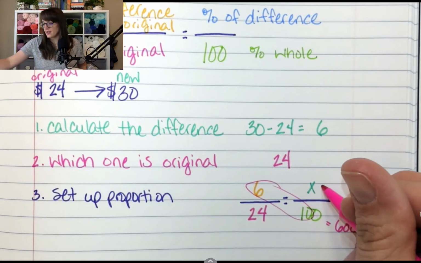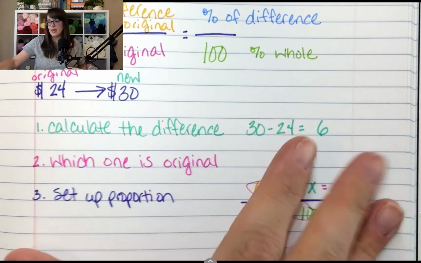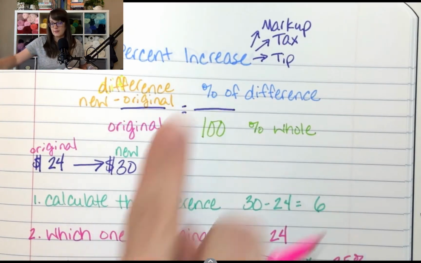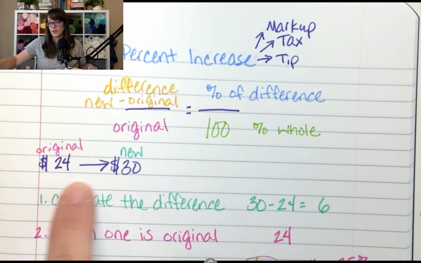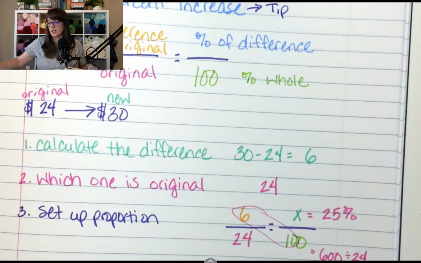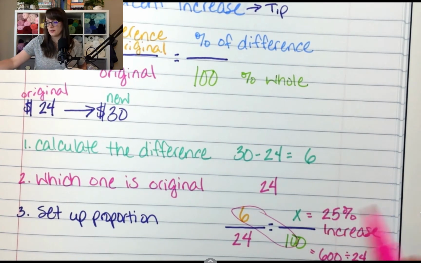So X here is 25% increase because it went up. The old one was 24. The new one is 30. So this is a 25% increase.